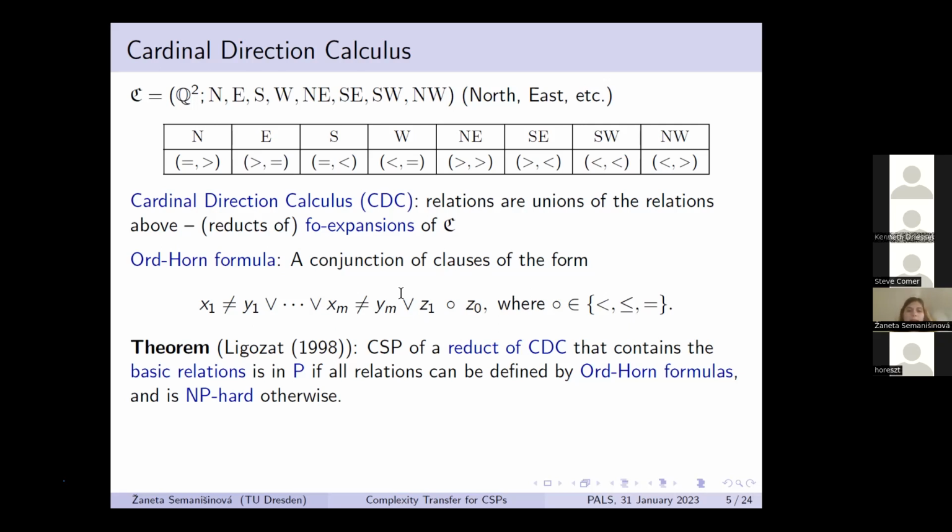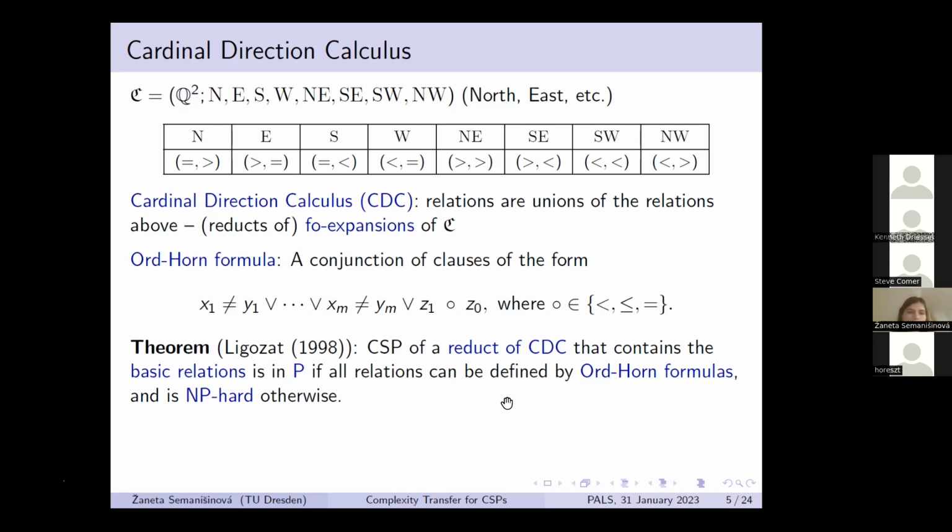And from 1998, there is a theorem by Ligozat that the CSP of a reduct of cardinal direction calculus, in the sense that relations are unions of these basic relations, that contains the basic relations is in P if and only if the relations can be defined by these Ordhorn formulas, and otherwise it's P-hard.